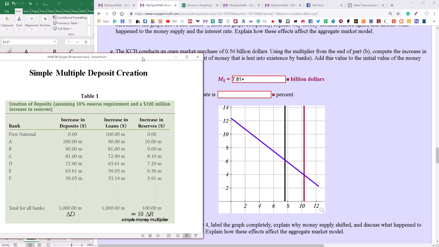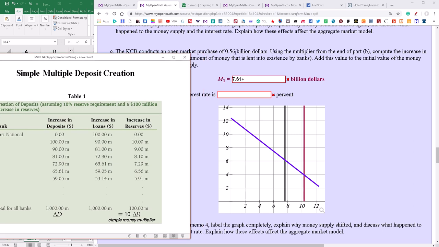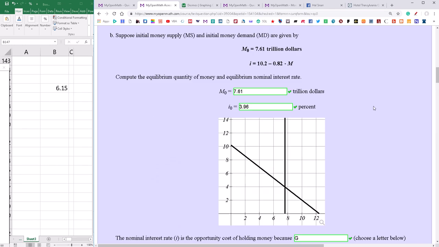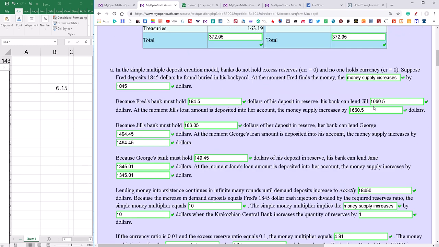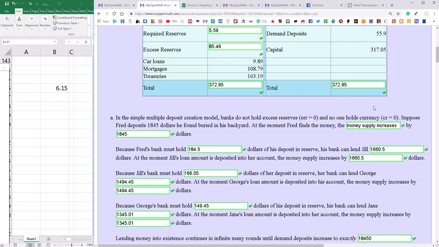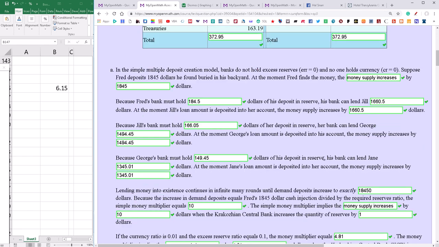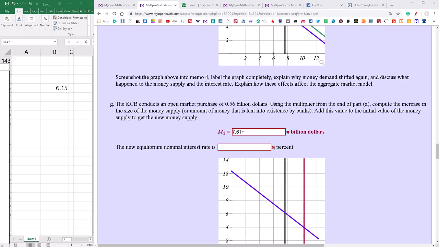So the change in reserves is this amount, 0.56 billion. So all we got to do is multiply the money multiplier by this 0.56. At the end of part B, we're up here, right? Well, it should be A. End of A. I should change that. Okay, just change this to end of part A.